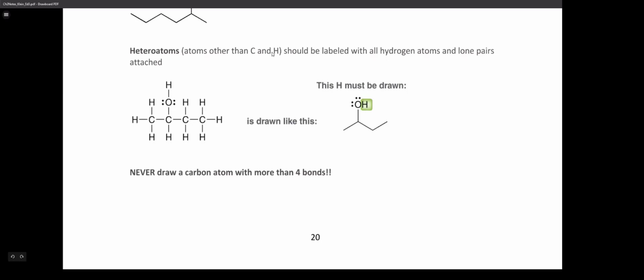So with heteroatoms, you must draw the labels, and any hydrogens on heteroatoms, you do need to draw the hydrogen. You may not leave off a hydrogen that's bonded to oxygen or nitrogen or anything other than carbon. You do not have to draw lone pairs, but they are often recommended.